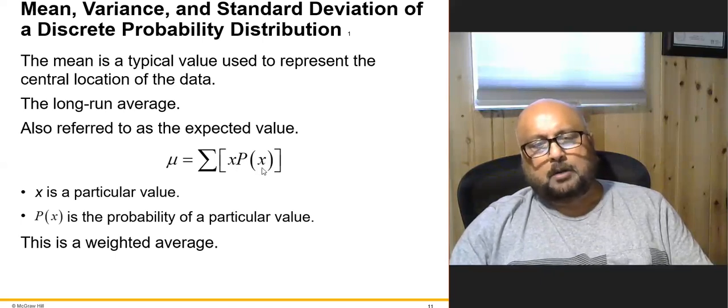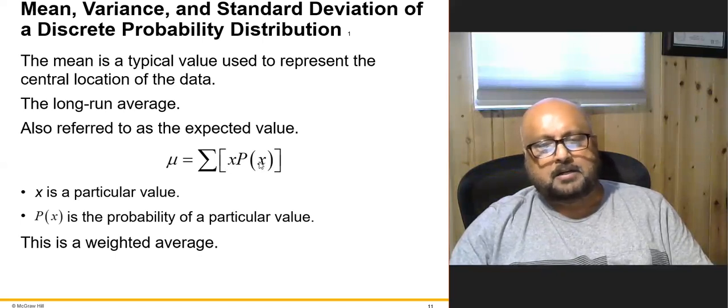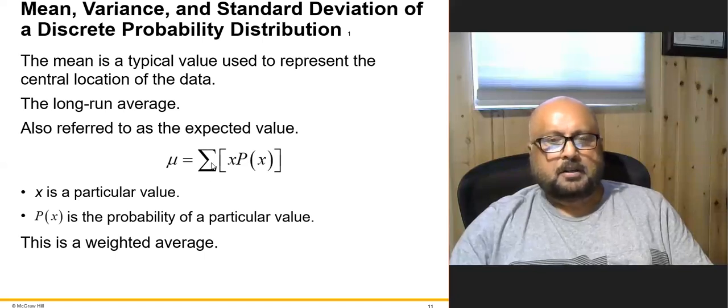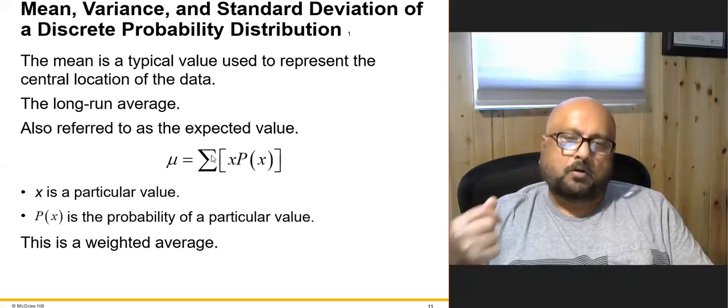You look at the probability of each, multiply each number with its probability, and add the products up, because there's a summation sign in front of it. You take the weighted average, and that gives you the mean value. So the mean is also called expected value or mean value.